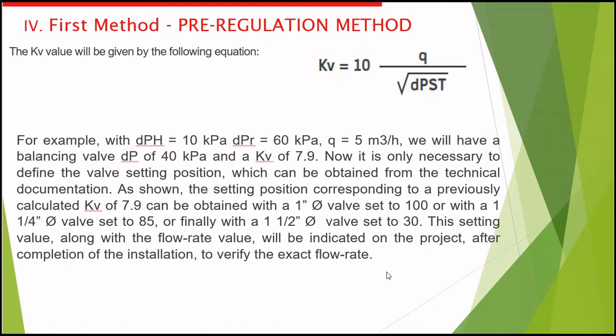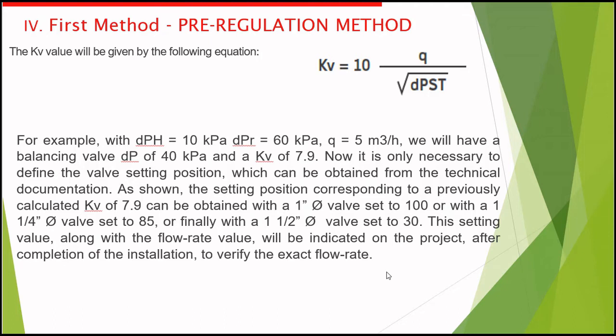If we go to the catalog, for this kV 7.9, we can obtain a 1-inch valve with setting of 100, a 1¼ valve with setting of 85, or we can also find another option, a 1½ valve with setting of 30.